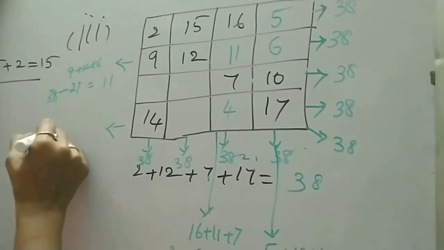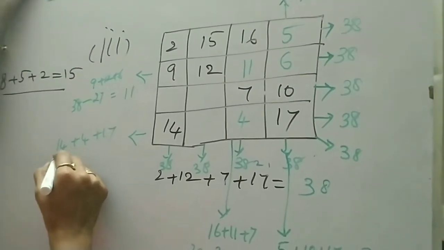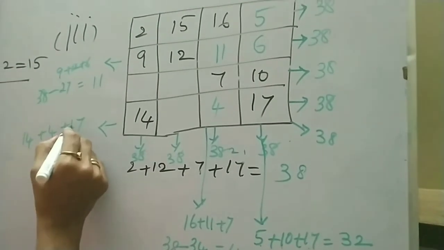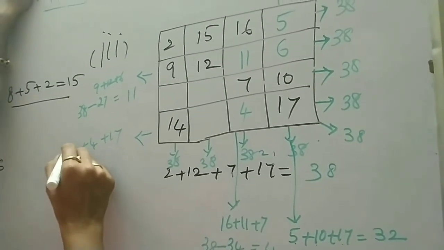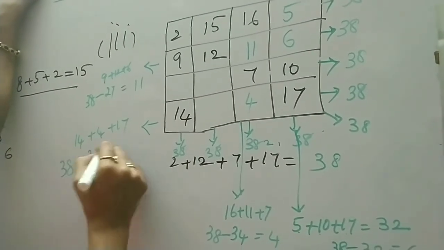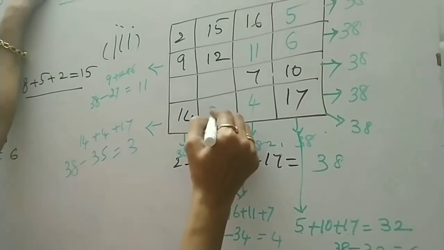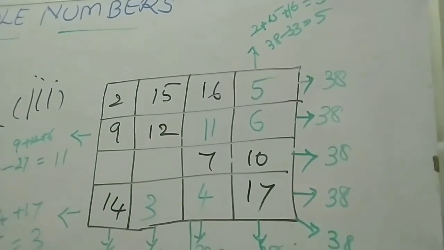Okay, if you see this line, 14 plus 4 plus 17. How much here? 17 plus 4, 21 plus 14, 35. So this must be subtracted from 38. You get 3 here.